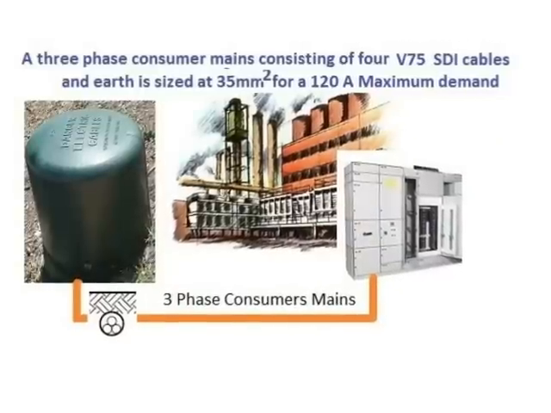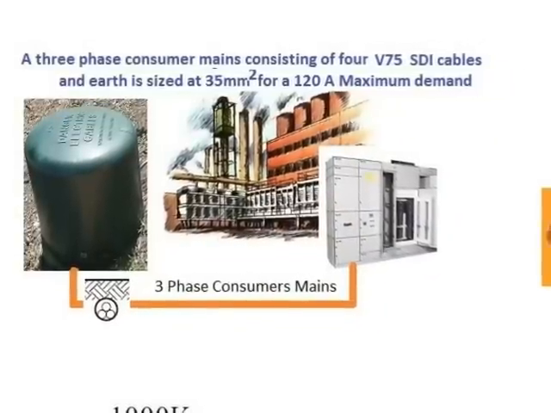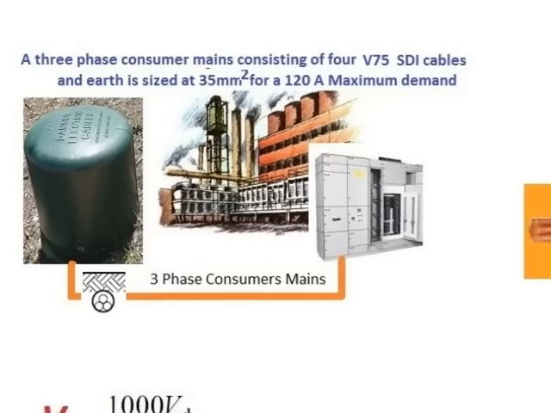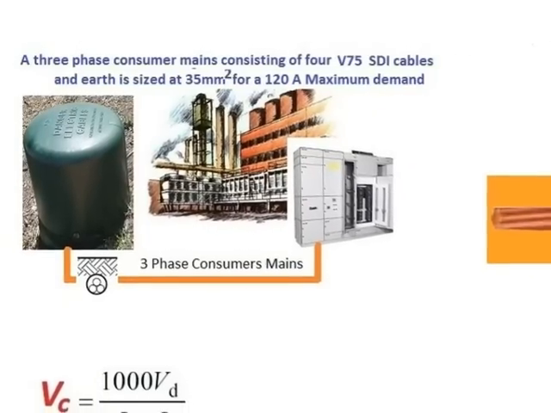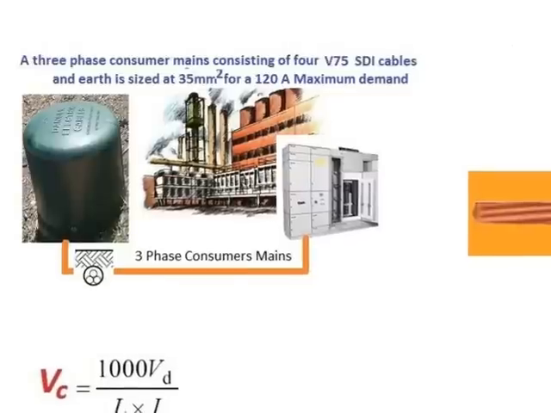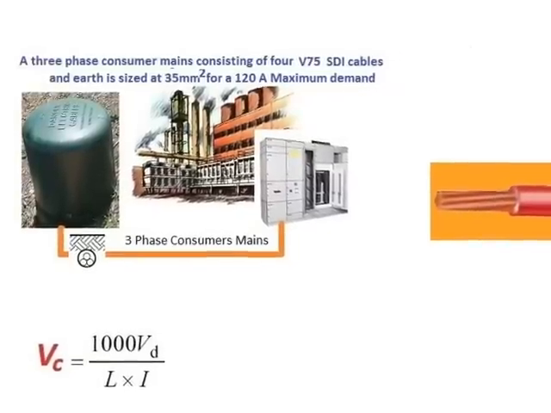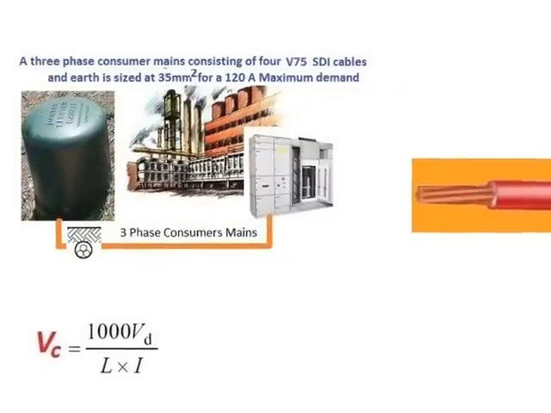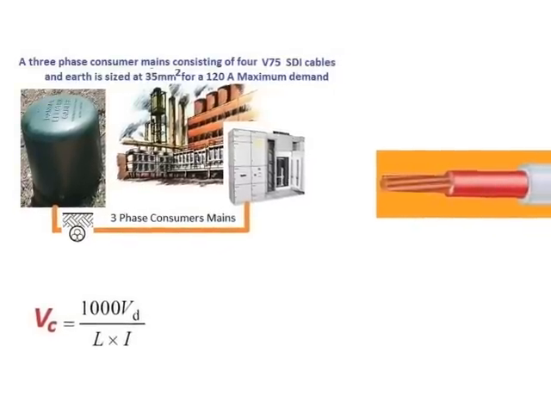Now, in this example, I'm using a three-phase consumer's mains, which is V75, 4 V75 SDI cables, so single core double insulated cables and earth, and it's been sized. The active's been sized at 35 mil to suit 120 amp maximum demand.